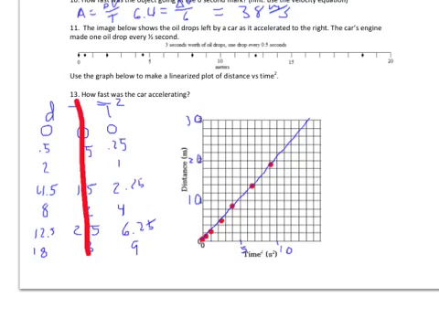Does that sound right? Oh, you know what? Let's just use 8 divided by 4. So I do 8 divided by 4. That gives me 2. But 2 is not the answer. That's half of the answer. So it's accelerating at 4 meters per second.